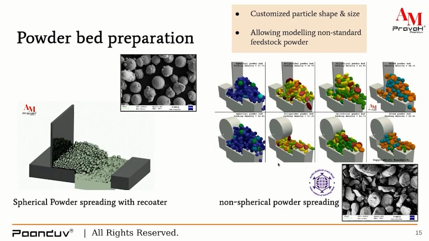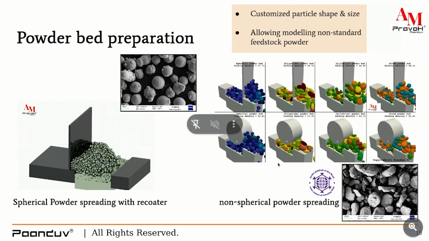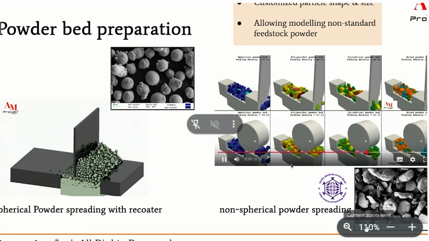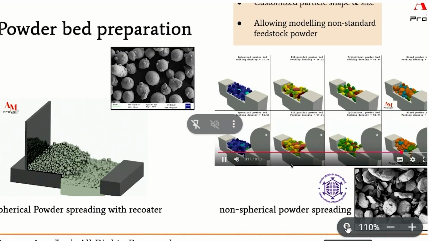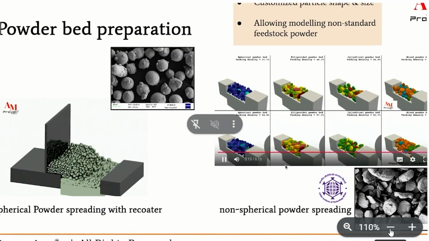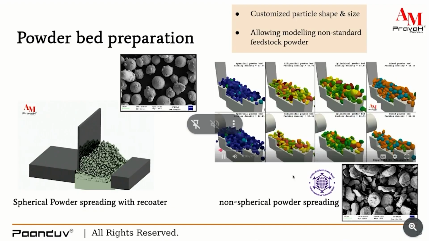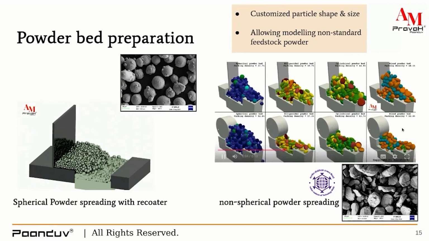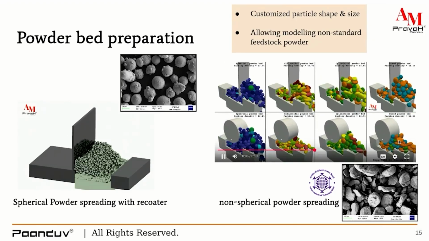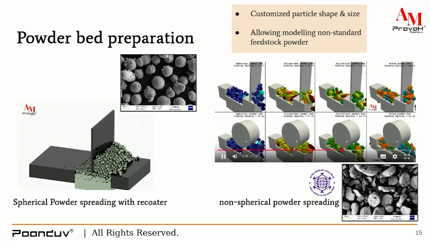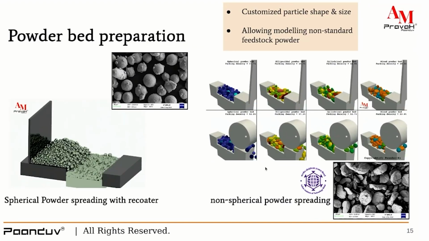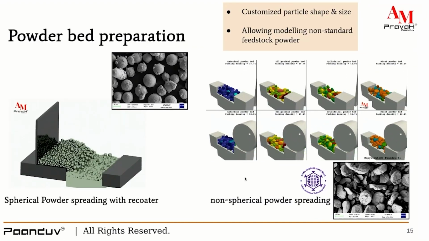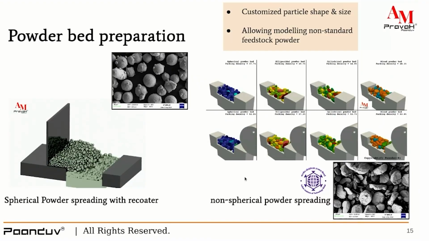So sphericity as well as deviation in sphericity can ensure that you predict or capture the right size or morphology of these particles. These can also be different shapes of particles mixed together with each other in a different or customized ratio. So all of these efforts you can test using PravaH to get your accurate melt pool predictions.